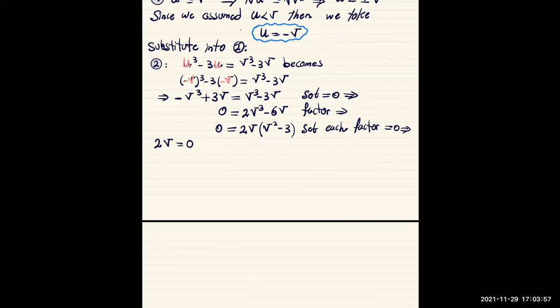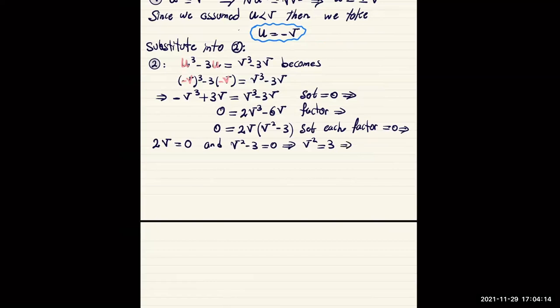Okay. And when you set the second factor equal to 0, v squared minus 3 equal to 0, you can now move that 3 over and take the square root. That gives us v equal to positive or negative root 3.